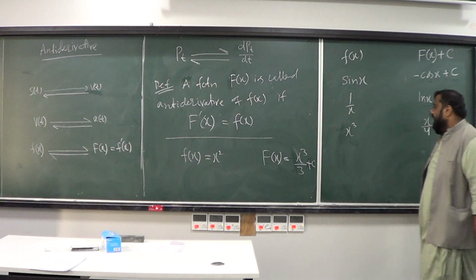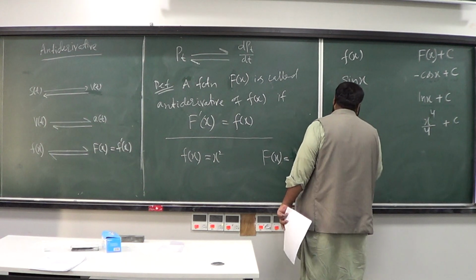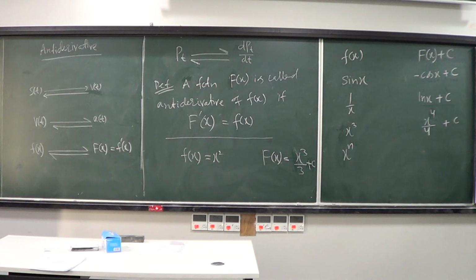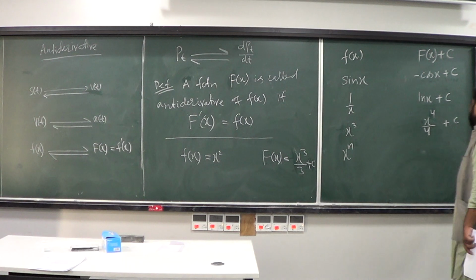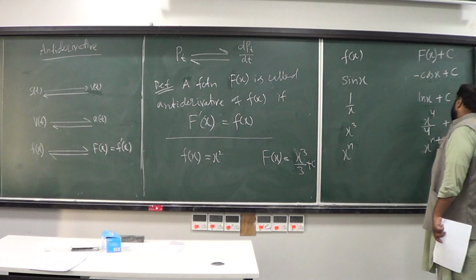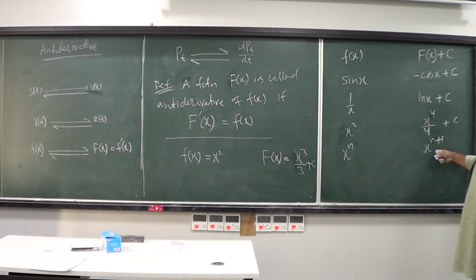How about if I give you a general power, x power n? n is any power except minus 1, obviously. Then what should be the antiderivative of it? It should be x power n plus 1, because if you take x power n plus 1 and differentiate, you're going to get x power n, but there will be n plus 1 in the coefficient.